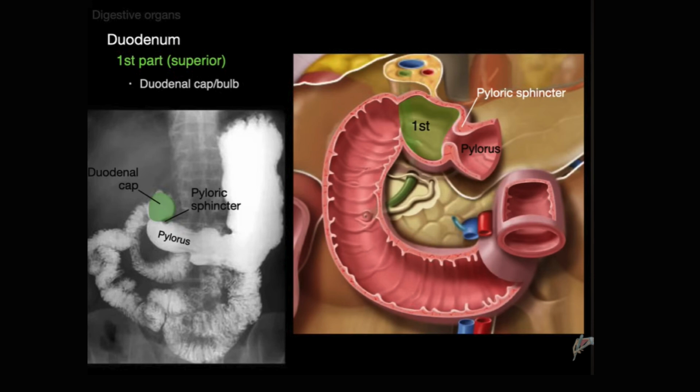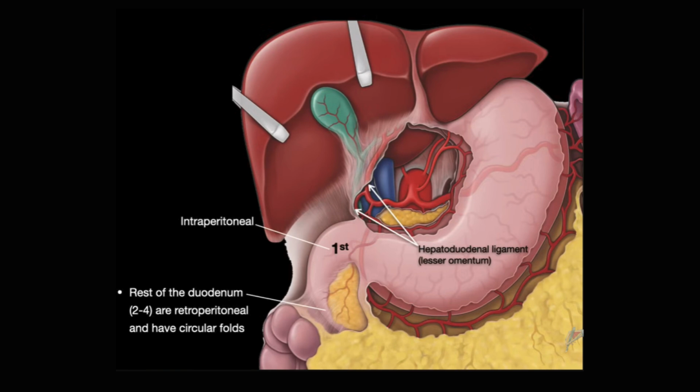Now, a clearer diagram: you can see the hepatoduodenal ligament down here, which forms the lesser omentum, and the first part of the duodenum, which is intraperitoneal. The rest of the duodenum, the second to fourth parts, is all retroperitoneal, meaning it consists of circular folds.